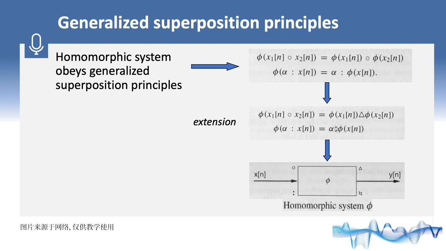Because it is a nonlinear system and promotes the application of the superposition theorem of linear system operations, it is called a nonlinear system subject to the generalized superposition theorem. That is a homomorphic system or generalized linear system.